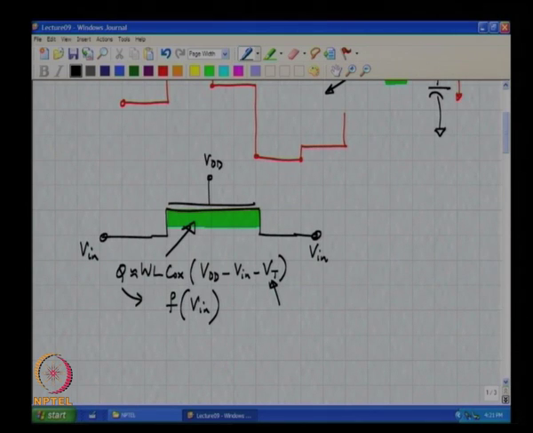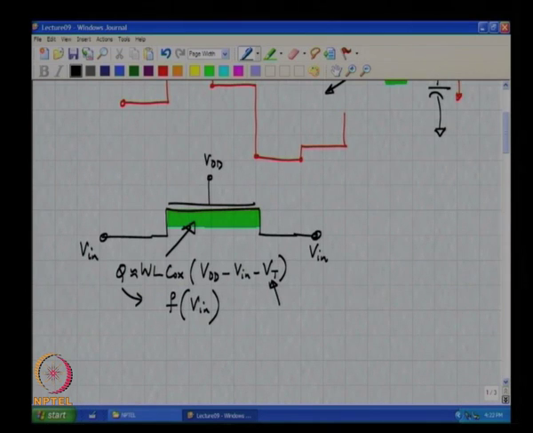So even this crude approximation is telling you that the channel charge of a transistor depends on the input. Does it make sense? So if the channel charge of an NMOS transistor depends on the input, it follows that the channel charge of the PMOS transistor also depends on the input, all right.